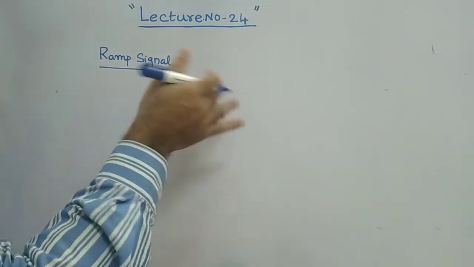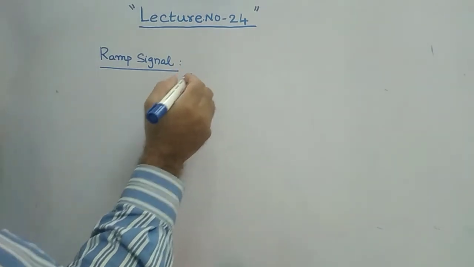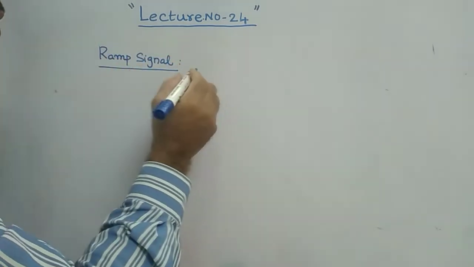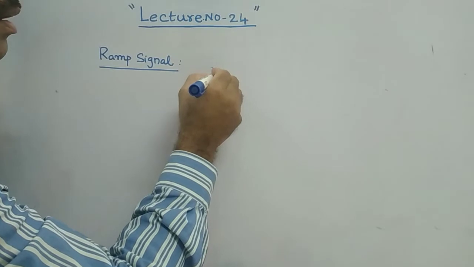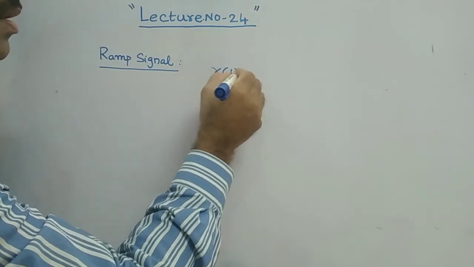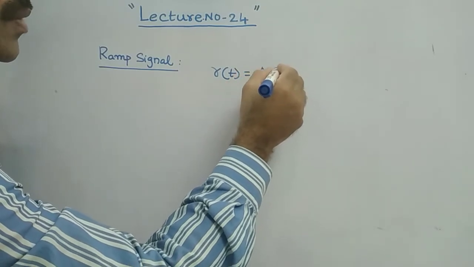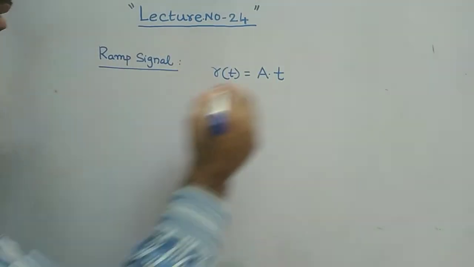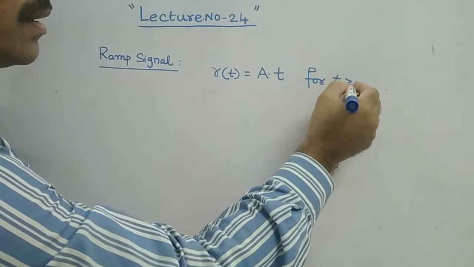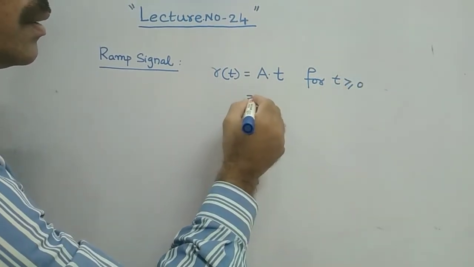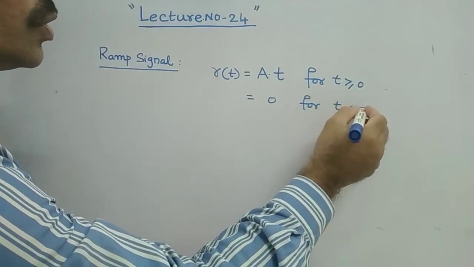Just like in our previous presentation, the ramp signal can be defined as R of t equal to a into t for t greater than or equal to 0, and it is 0 for t less than 0.